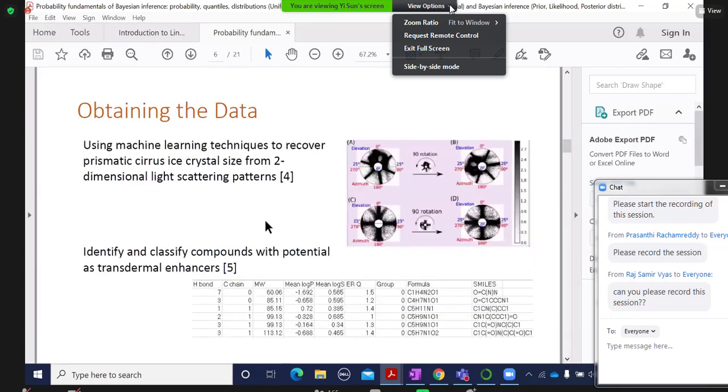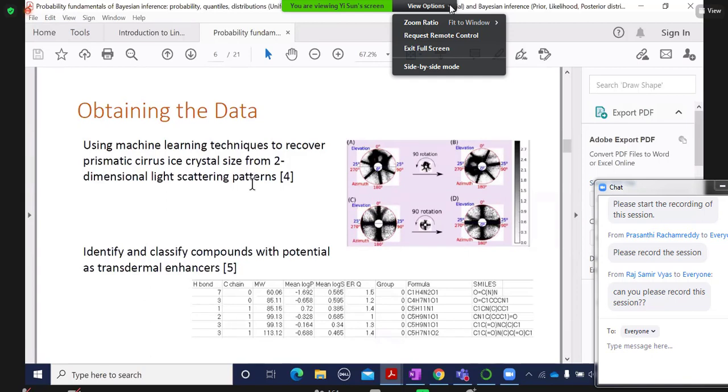Here are 2 projects from our past MSc projects. The first one again is an image processing project. That is using machine learning techniques to recover ice particle size from 2-dimensional light scattering patterns. So properties of cloud particles affect climate and weather.